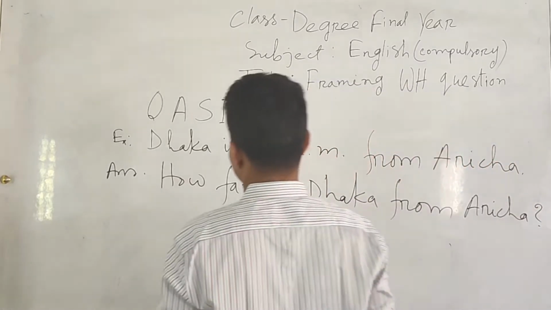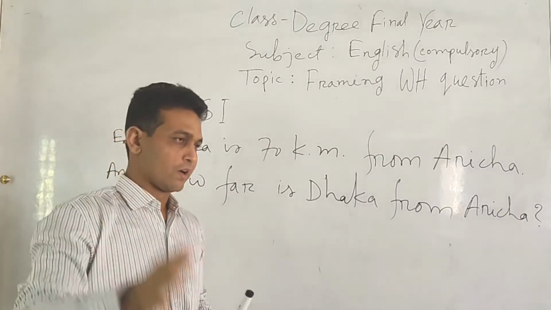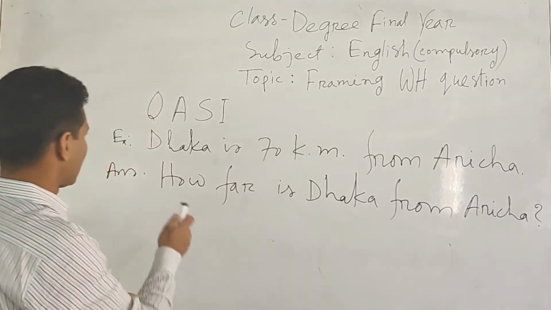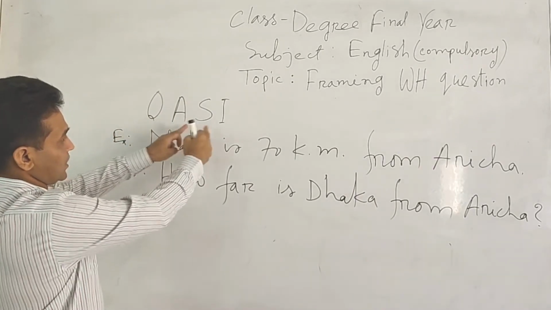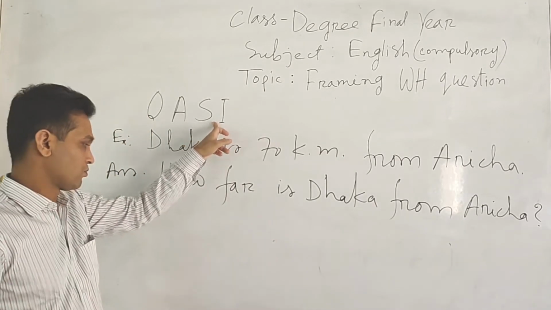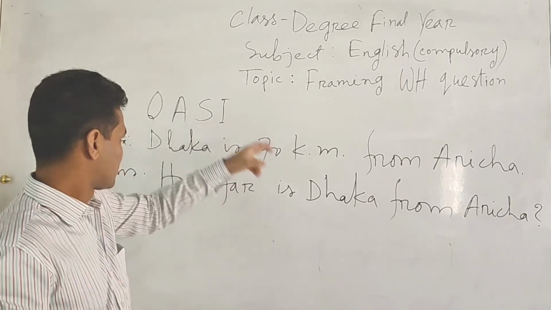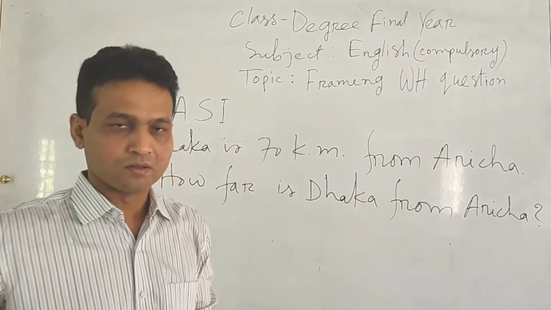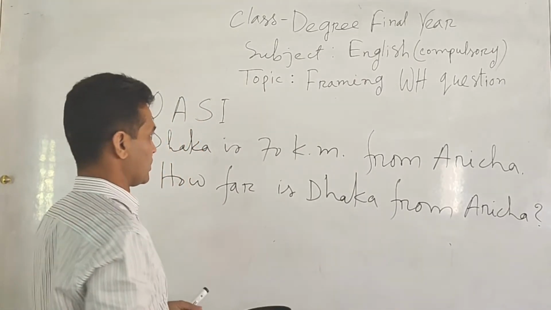This is the answer. So, if you notice clearly or attentively, you have found that Q means question, A means auxiliary, S means subject, and I means infinitive without to. So, using this short method, you can form WH question easily.